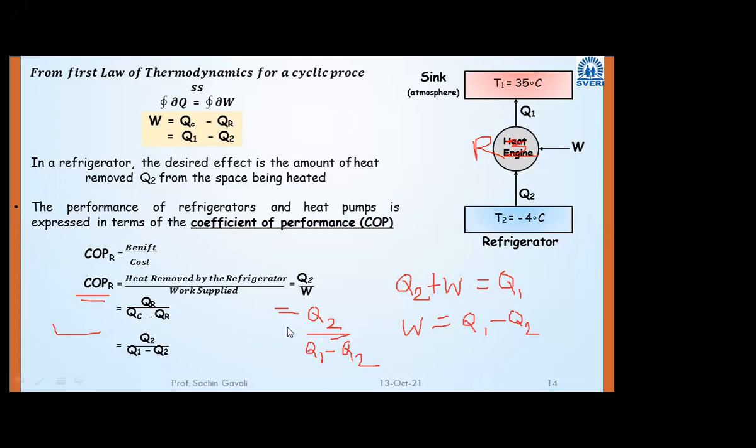Work input as this is input and here output will be किती हीट त्यानं घेतली तेवढं त्याचं coolness आपल्याला जाणवणार. So Q2 divided by W is nothing but the coefficient of performance, COP, of a refrigerator. Everybody understand this refrigerator?